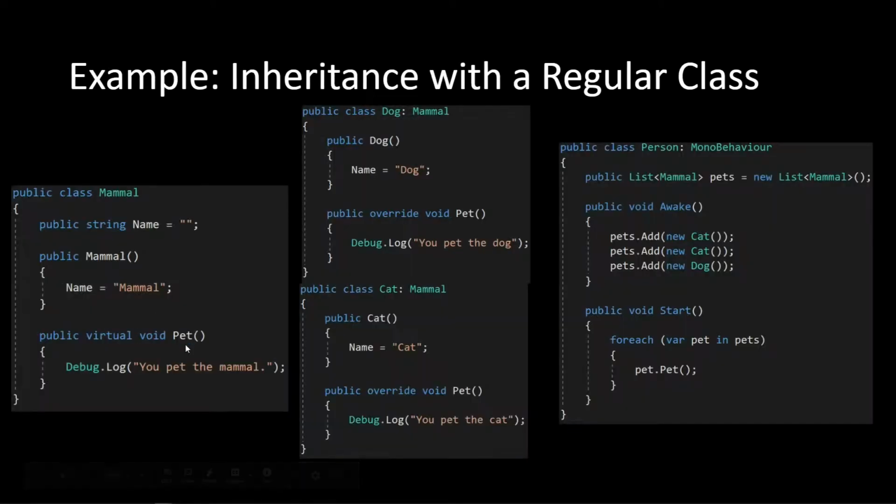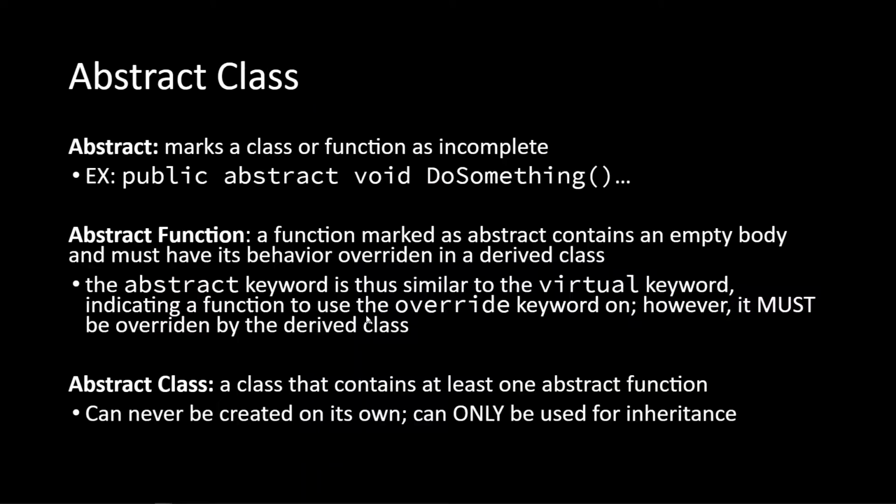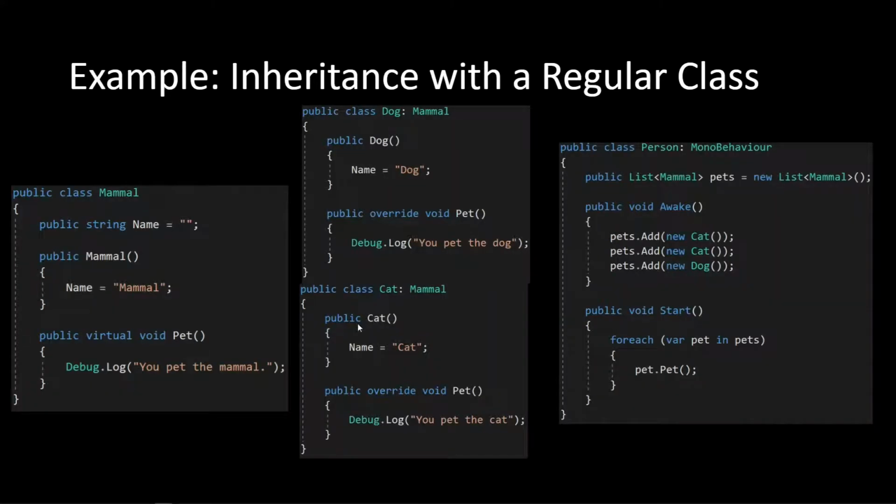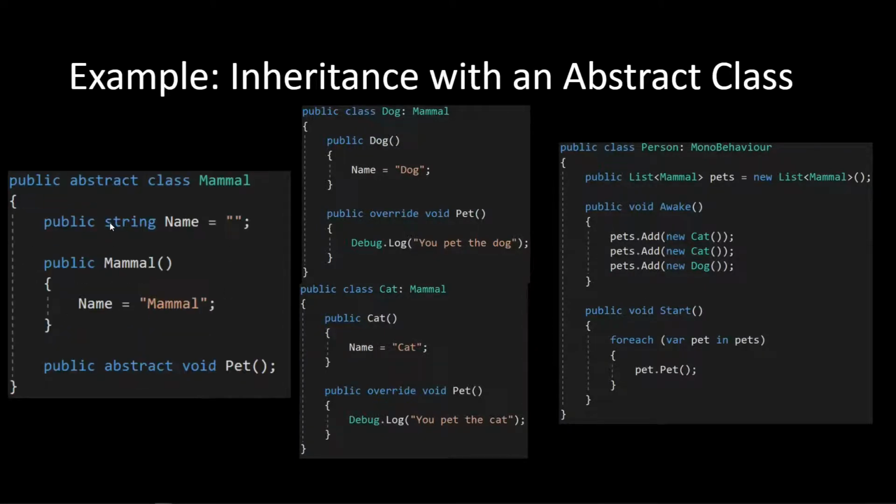You don't really need to be using them in all cases. Okay, here we go. So the normal class, we would have our normal mammal class and so on. This is the same example we saw before. But let's do this in terms of an abstract class as opposed to a regular class. So in this case, we create a mammal class that we know has a pet method in it, but we don't provide a default one.